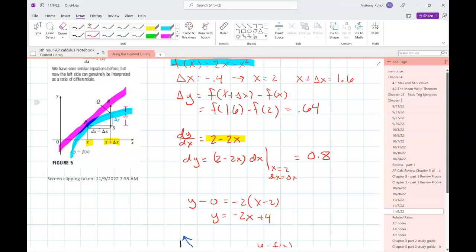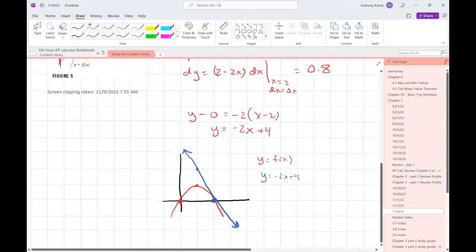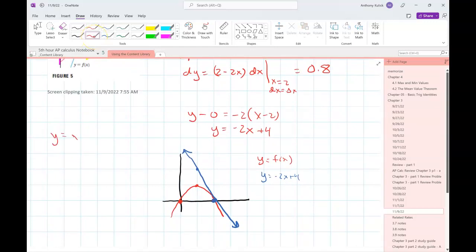Sure thing. Yeah, I'm happy to stop and clarify what's going on. How did you get the vertex and all of that? So for y equals 2x minus x squared, the x-intercepts occur when I set y to be 0. So I can factor off an x. When I set x equal to 0, the solution is 0.